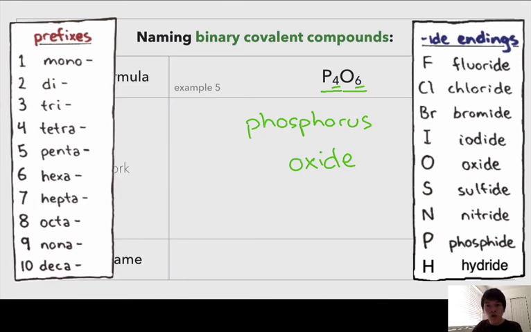There are 4 phosphorus atoms, so 4 is going to be tetraphosphorus. And we're going to now have 6 oxygen atoms. 6 has a prefix of hexa, so we're going to write hexa in front of oxide.